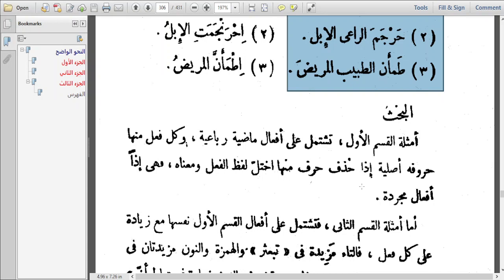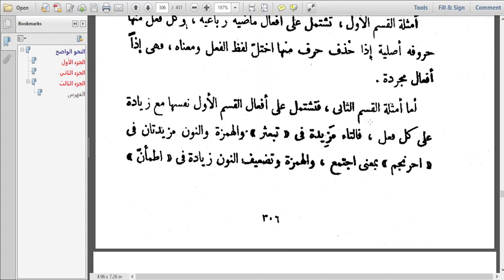That means you can't take any out. إذا حذف حرف منها اختل لفظ الفعل ومعناه. If a letter is taken out of it, the pronunciation of the verb and its meaning get lost. اختل means it breaks. It gets distorted. فهي إذن أفعال مجردة. And so we can say that they are أفعال مجردة. They are verbs that do not have any additions.